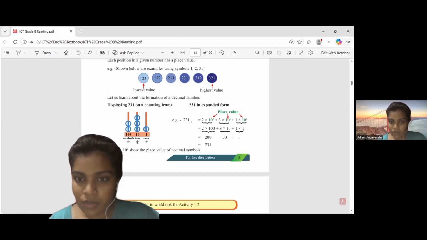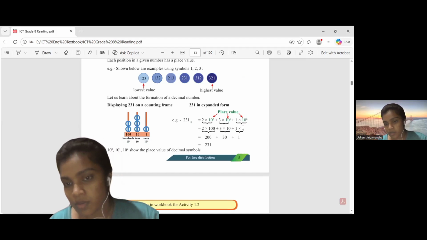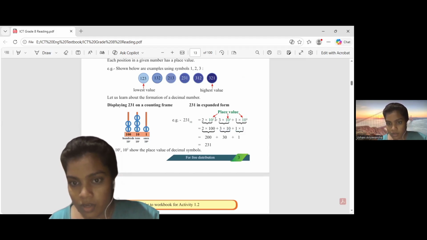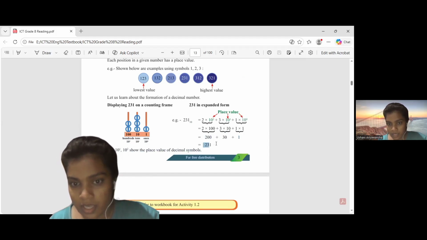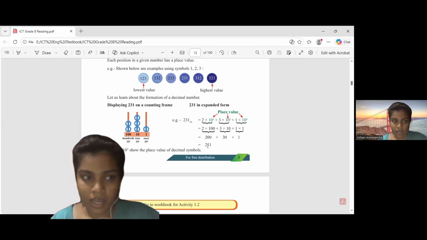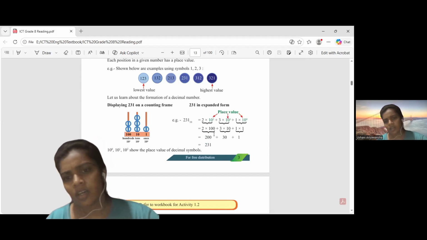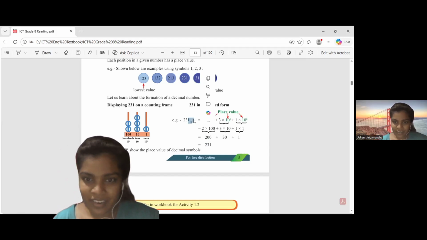Tens place, 10 to the power 1. 10 to the power 1 means 10. 1 multiplied by ones place, 10 to the power 0. 10 to the power 0 means 1. So, now add them all together. Here, 231. The answer.